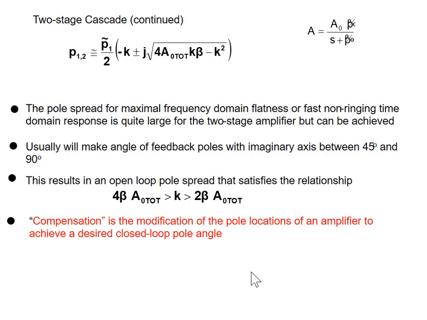That means you usually set the compensation so that for beta equals 1, which is the most stringent condition here, remember beta is always going to be less than or equal to 1, you design it so it has good performance in the unity gain configuration. That means that it's overcompensated for different gains. If you have a gain of 10, it's grossly overcompensated.